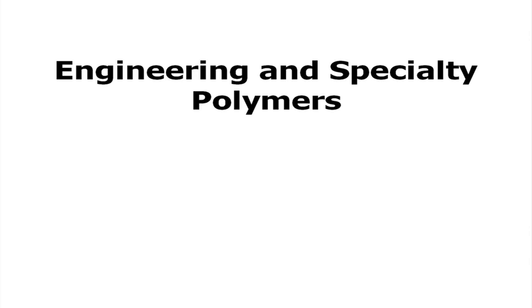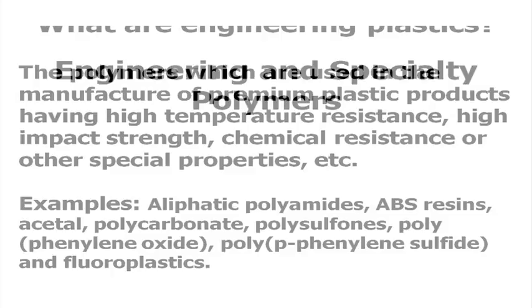These are called general purpose polymers, whereas engineering and specialty polymers are known as high performance polymers, which are supposed to function at elevated temperature, and they are supposed to have excellent solvent resistance, chemical resistance, and they can withstand harsh environments of temperature and gases. Not only that, their mechanical properties are quite high as compared to the general purpose polymers.